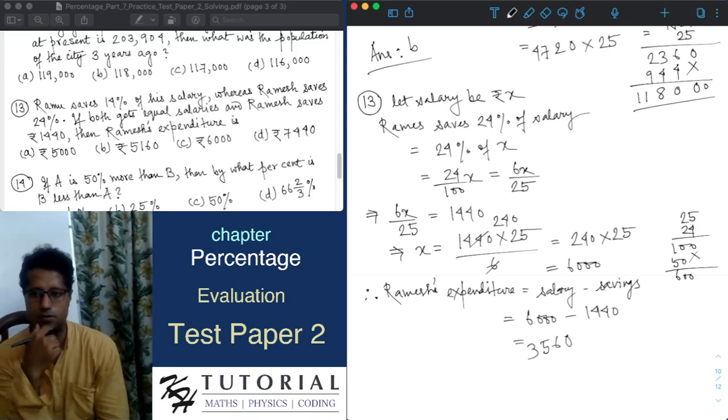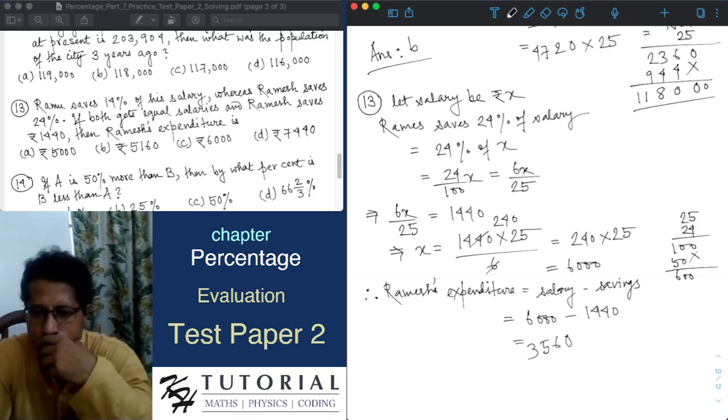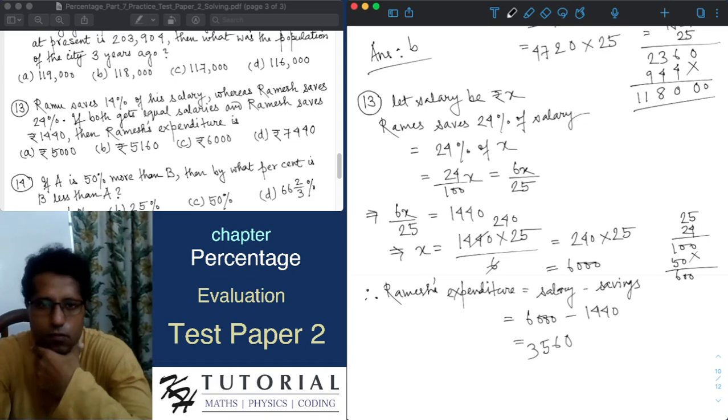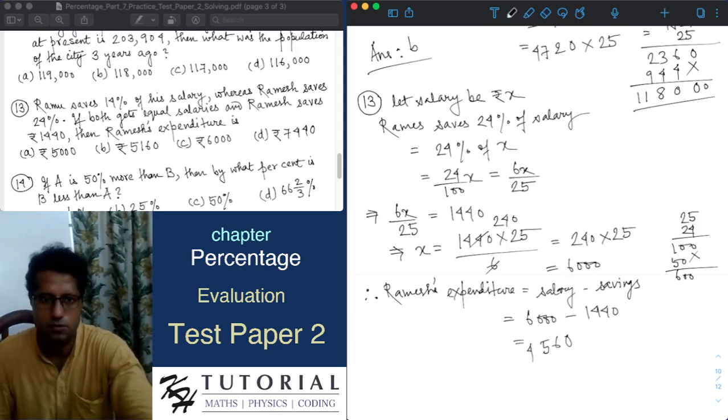Salary is 6,000. Savings is already given to be 1440. Now 6,000 minus 1440 is how much? 4560. Sorry, but still it is not matching with any choices given.